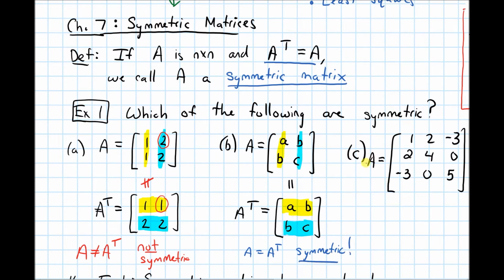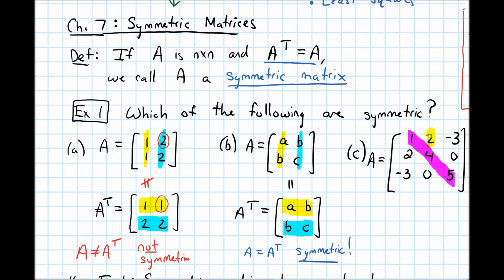And then finally for this last one, let's do this a little more quickly. The key thing to notice is that when we transpose a square matrix, the items on the diagonal don't move. They stay in the exact same spot. And for our matrix to be symmetric, the elements that are mirror images of each other across this diagonal all need to be the same.